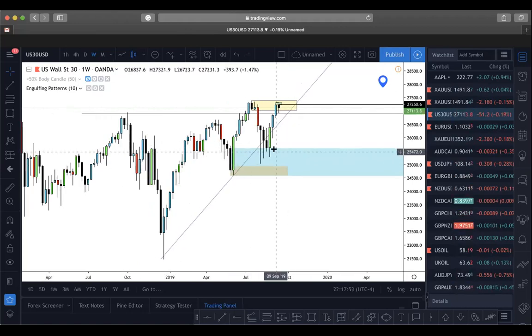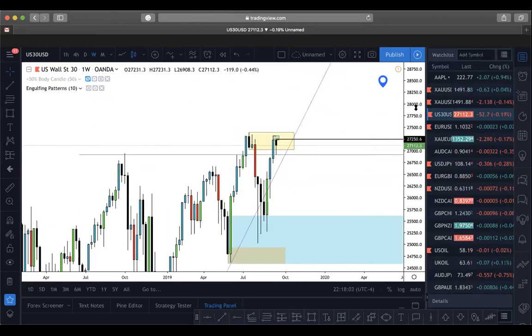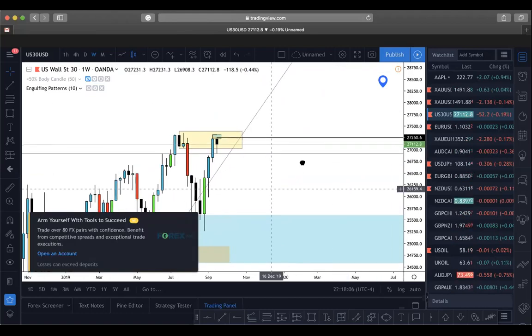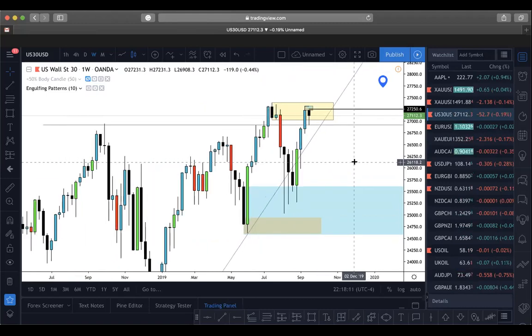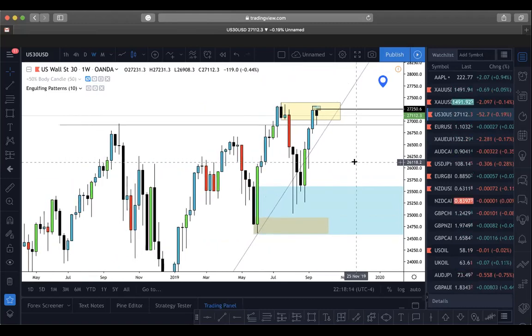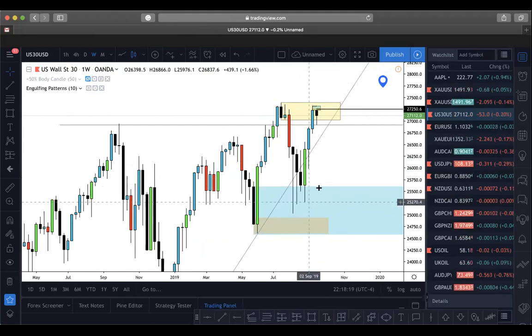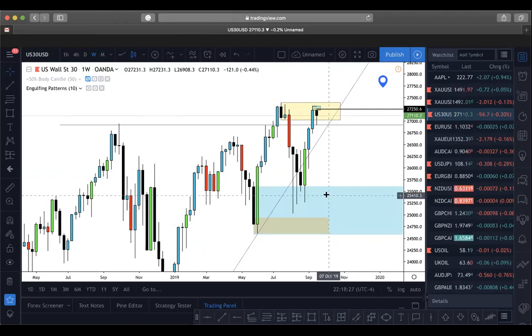So we know weekly is in control. I draw my weekly, and then we have another weekly supply level here, but the level is not as strong. It's drawn out, but it's not as strong. The reason is that it wasn't able to remove the valley weekly demand, and usually the valleys and the peaks are the stronger demands, not the CPs.